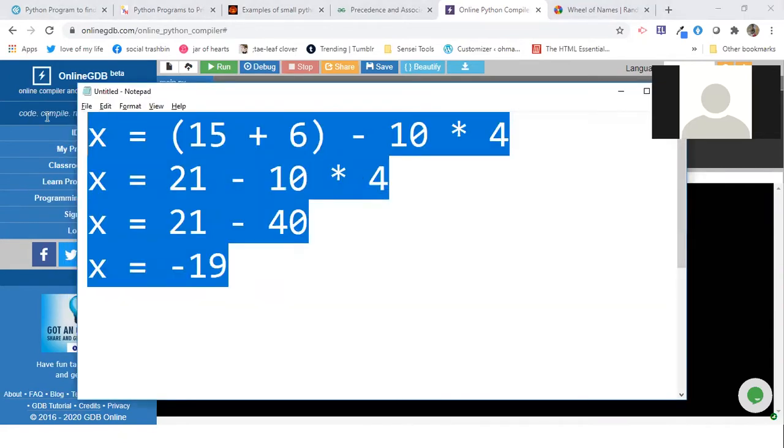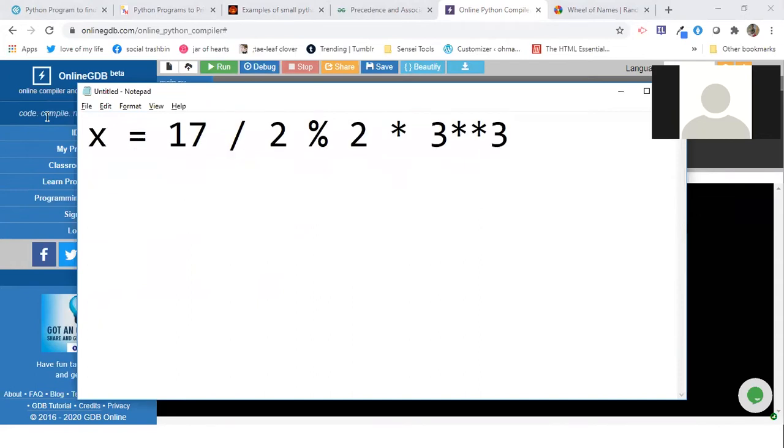Right? Next, last is 17 divided by 2 mod 2 multiply 3 raised to 3. 13.5, ma'am. 13.5.